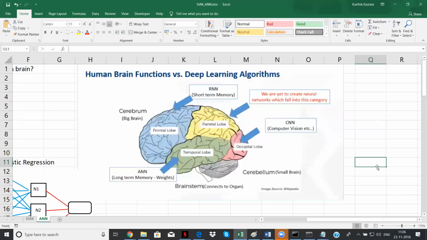Short-term memory is something like, for example, if you're listening to this class, you have been listening to classes since October. The data science classes started from October 2nd, 3rd onwards, right? You had listened to the stats class, then we had linear and logistic regression and so on. There are some terms you clearly remember. What should be the y variable in linear regression?